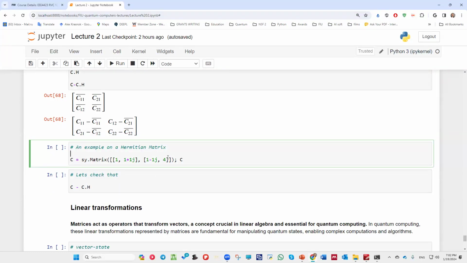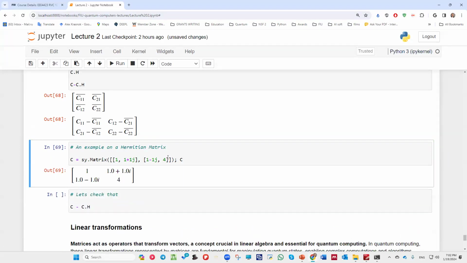So what is this example? An example of a Hermitian matrix. Okay, so we have real values on the main diagonal and complex values on the off diagonal, but they are complex conjugated.